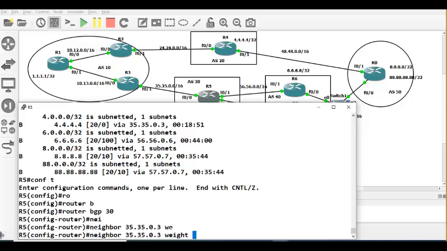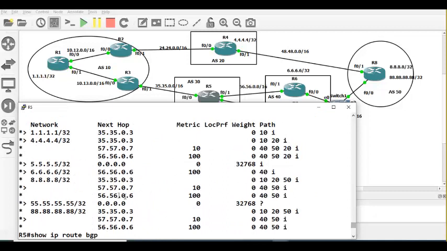All the networks that you learn from router 3, the weightage is 50. The same networks are also coming from router 7.